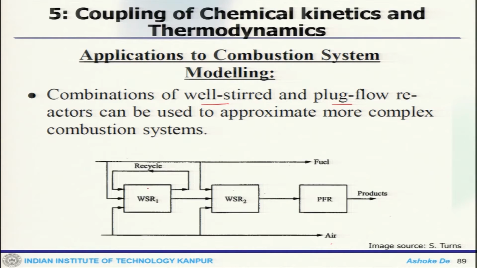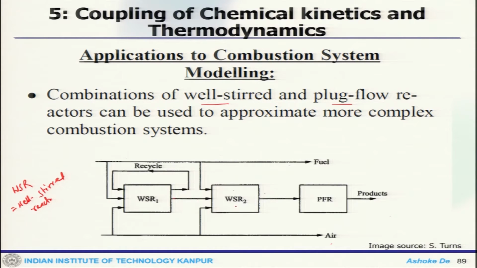Now, this is one of the well stirred reactors; WSR stands for well stirred reactor. This is the first WSR, where fuel comes in, air comes in, and some combustion product comes out.